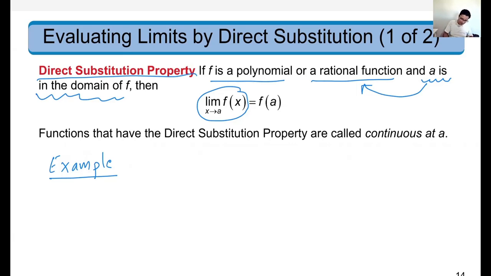In fact, I would go one step ahead and say this idea that we are generating here is not just for polynomial or rational function.